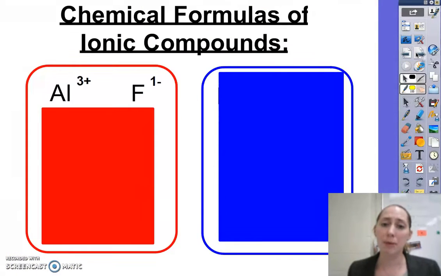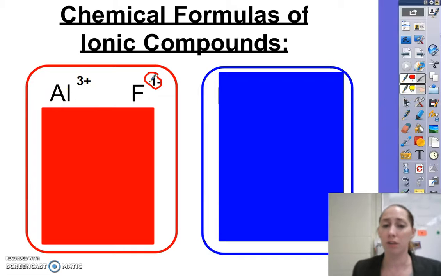Now that you know how to name them, let's talk about how to write those ionic compounds' chemical formulas. To do this, first write your chemical symbol and put the charge of the ion as a superscript, meaning above. Then, write your chemical symbol for your anion and write the charge above. What you're then going to do is crisscross these numbers.